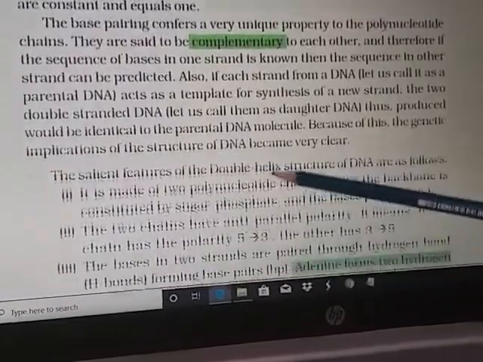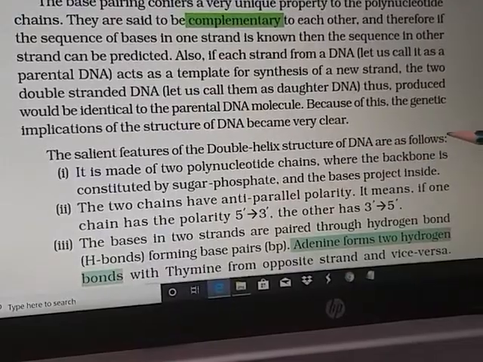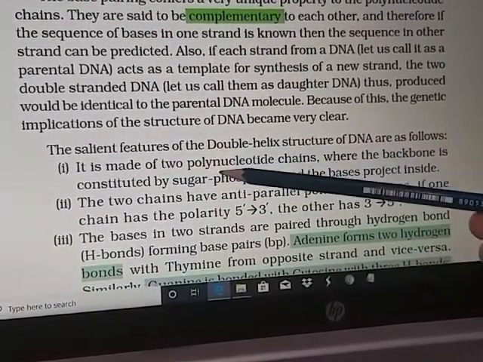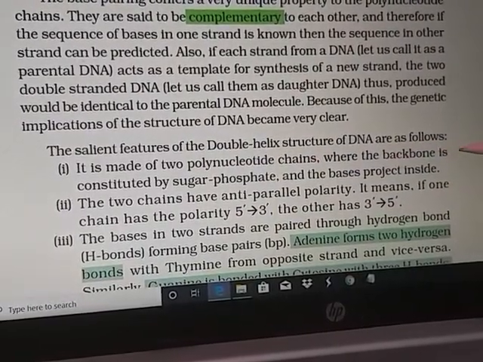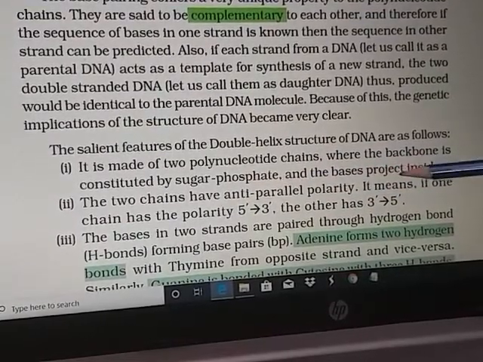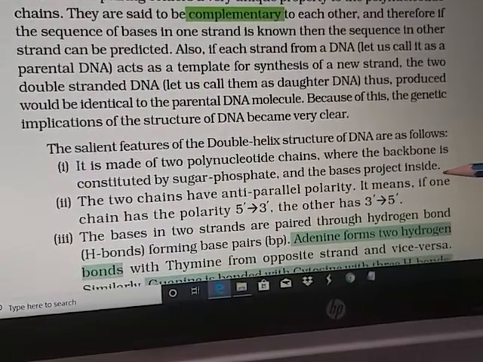The salient features of the double helix structure of DNA are as follows. First, it is made up of two polynucleotide chains, where the backbone is constituted by sugar phosphate and the bases project inside. We have seen it in the diagram.